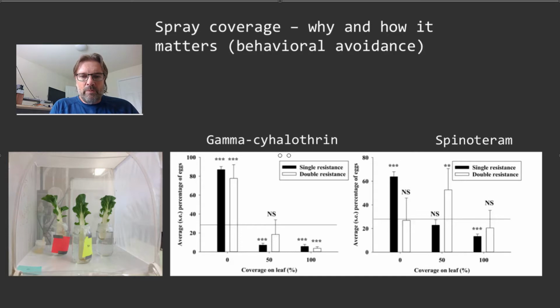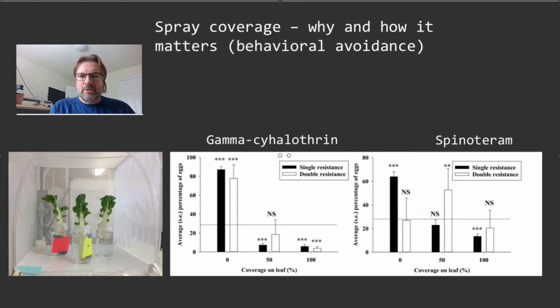The one in the middle with the yellow sticky note had been dipped only half of the leaf into the solution, and the red one, the entire leaf was dipped. So we knew that we had 0, 50, and 100% coverage. And then we released female moths into these cages and then saw where they laid their eggs.